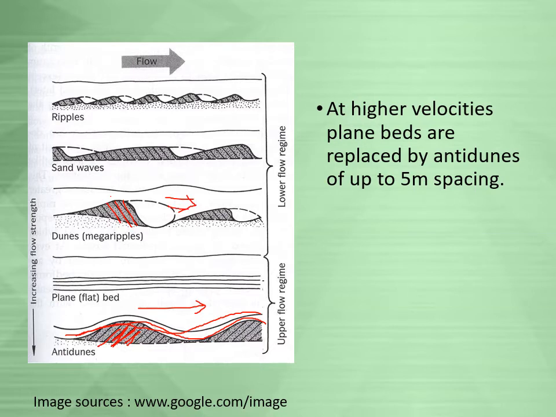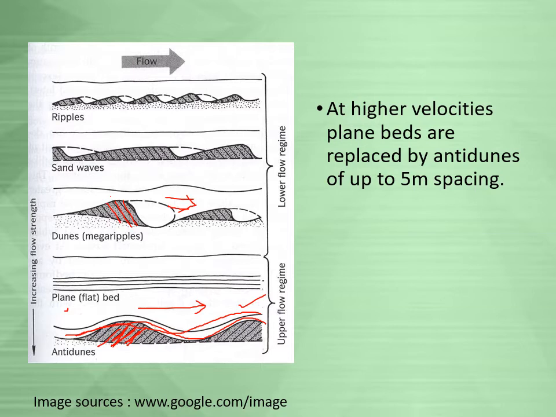But in the upper flow regime, the dune-like structures I previously mentioned are basically known as antidunes. These antidunes look like dunes, but the internal laminae are inclined towards the upcurrent direction. So this is my upcurrent direction and this is my downcurrent direction. That means the flow going in this direction is downcurrent.